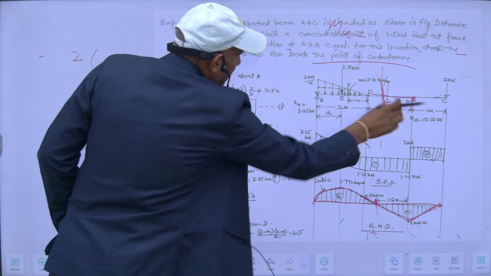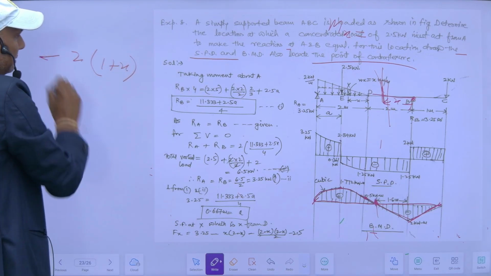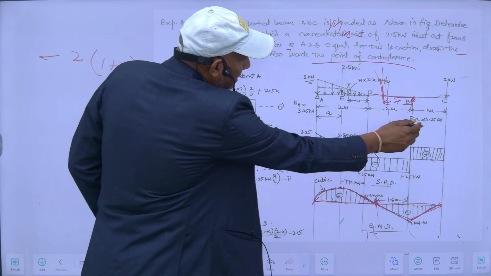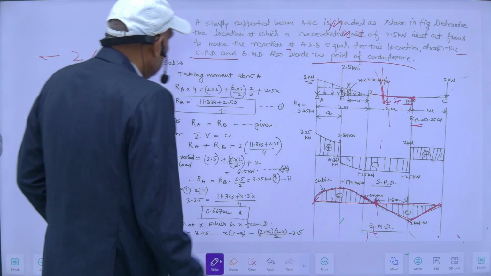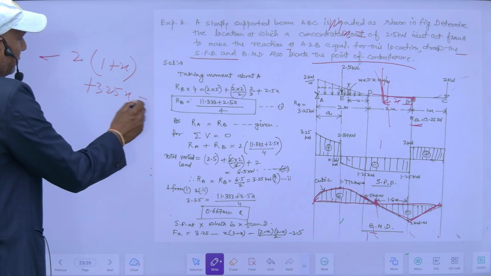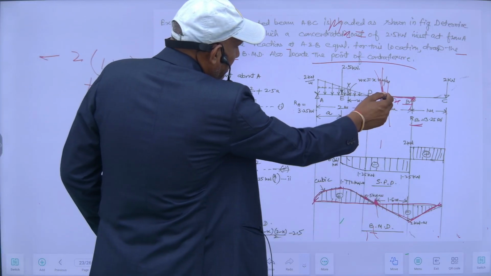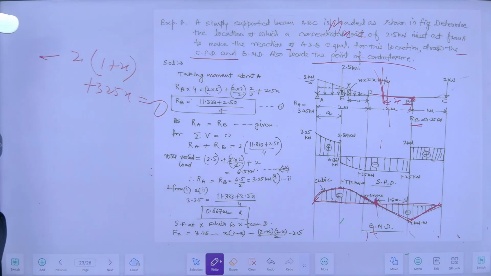This is 1, this is x, and this is hogging, so it will be minus, plus because of this 3.25 into x, this will be sagging. This bending moment at Mx must be 0 for this location. So this is equal to 0.